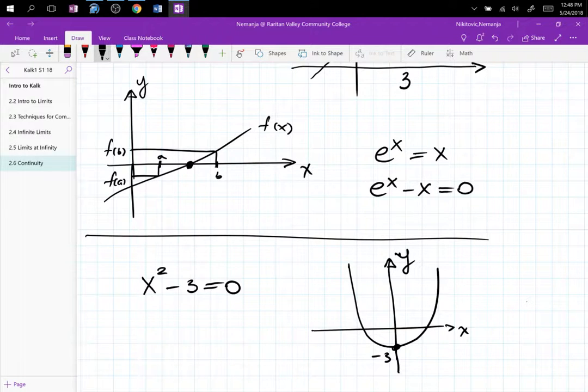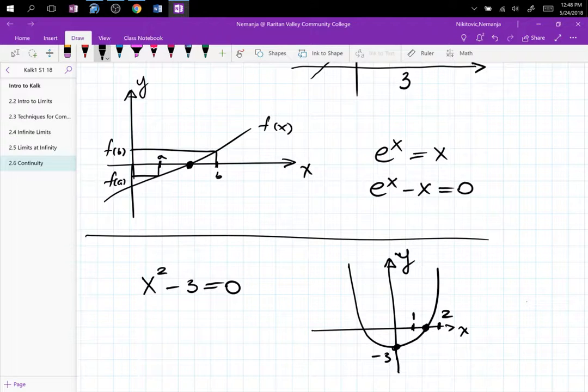Now, you pick the interval over here around the root. You don't know what the root is, but you kind of roughly know that 1 is too small for an answer, and 2 is too big for an answer. You know that much, because if you plug in 1, you get -2, which is not 0.